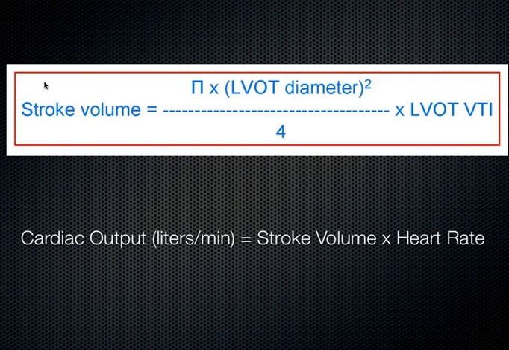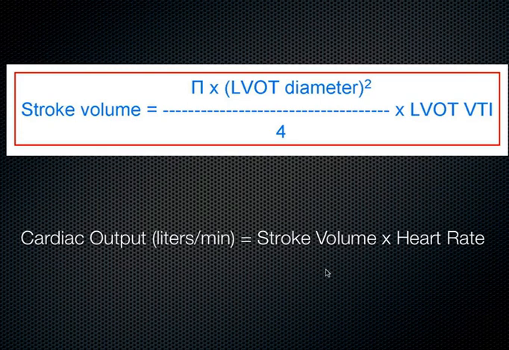What that gives you is stroke volume. The whole time the machine is watching the heartbeat, so it knows the heart rate. And so it does this whole thing automatically and calculates for you cardiac output, which is this term, stroke volume, times the heart rate.